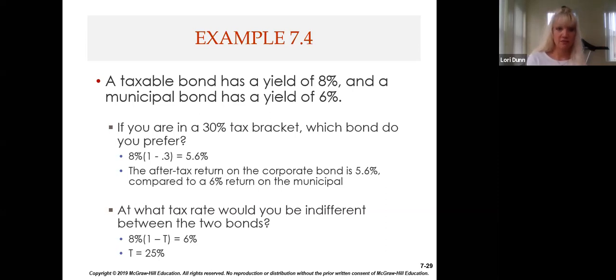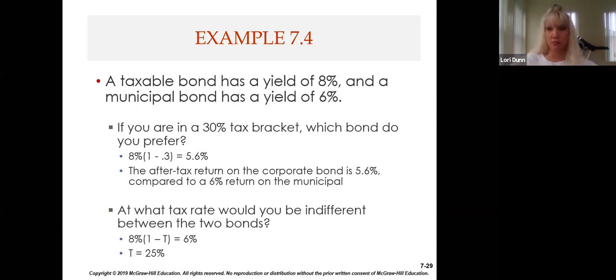So if you take 8% times (1 minus t) equals 6%, you would have to divide it out. Your t tax rate would need to be 25%. So at any point that your tax rate is 25% or lower, buy the taxable bond, because you're going to make more money over the life of the bond.